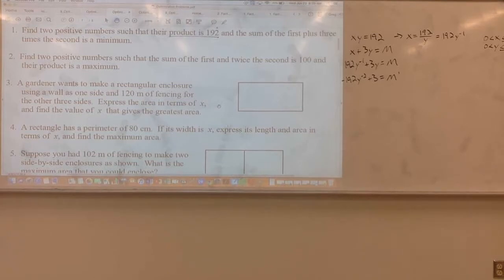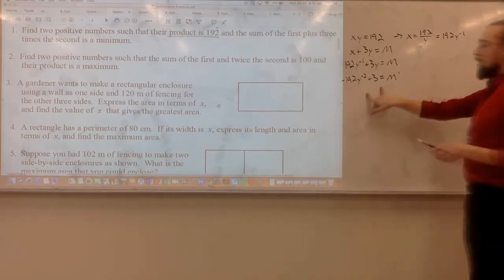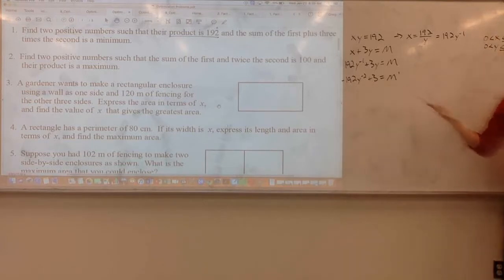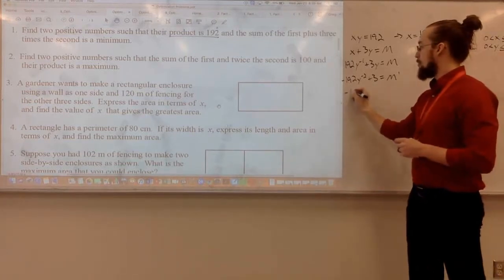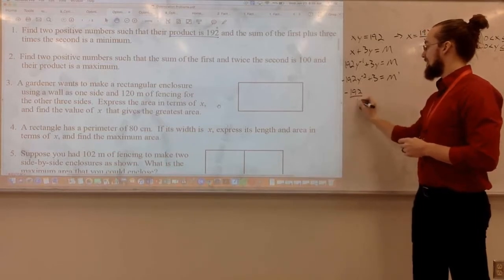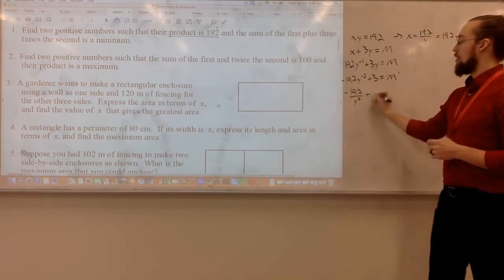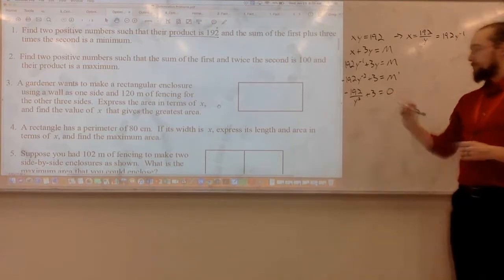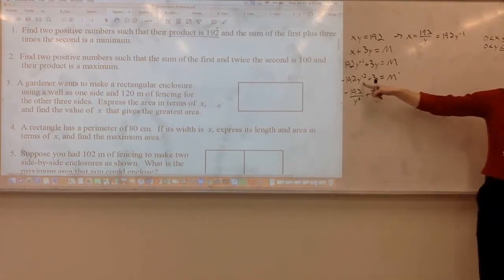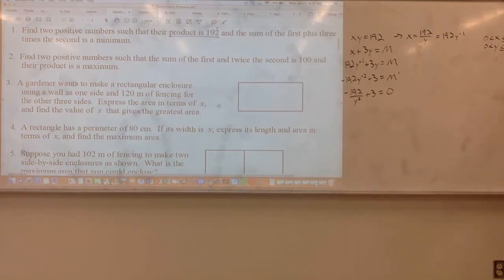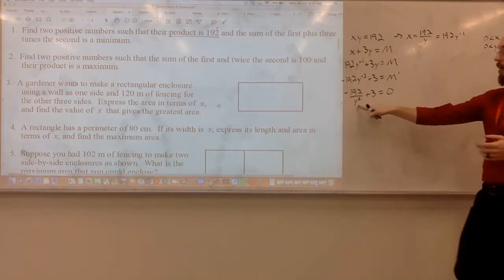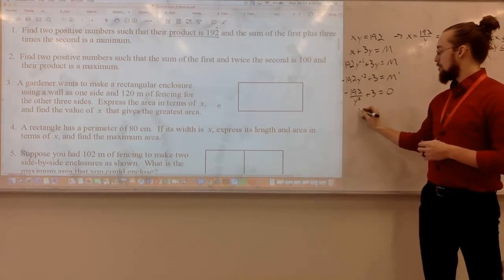Okay, so now, I want to set this equal to 0 and solve, right? That's going to get my critical points. Also remember when we're solving, it's probably easier to change this back to a positive exponent. So y to the negative second is the same as y to the positive second in the denominator. Now, I could add this over to the other side.